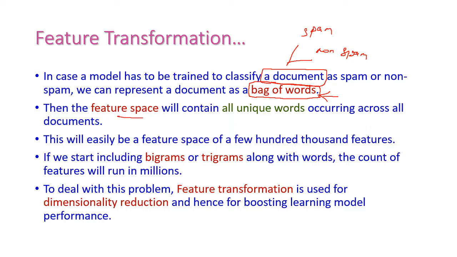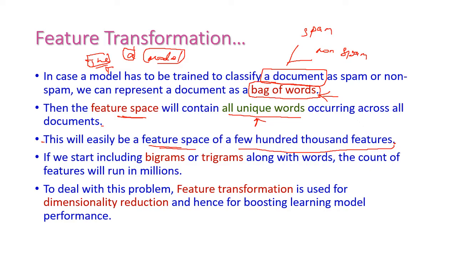When it comes to feature space, all unique words are called features here. This can easily be a feature space of a few hundred thousand features. For example, how many times 'the' appears in the document is one class, 'yeah' is a different class, 'model' is a different class. Likewise, the unique words are selected and that becomes a feature here.